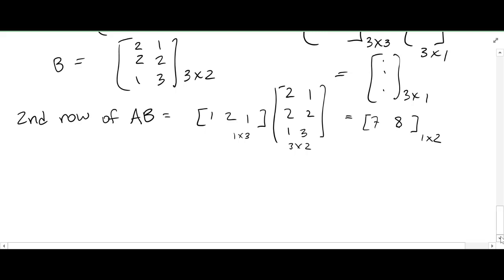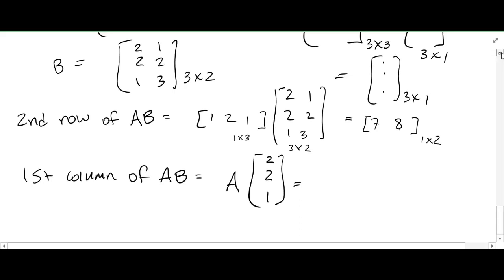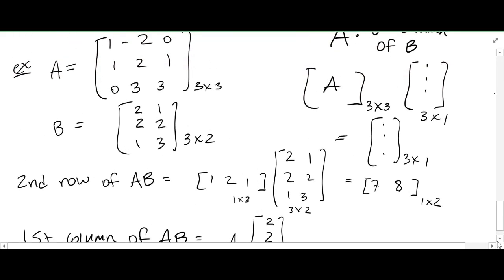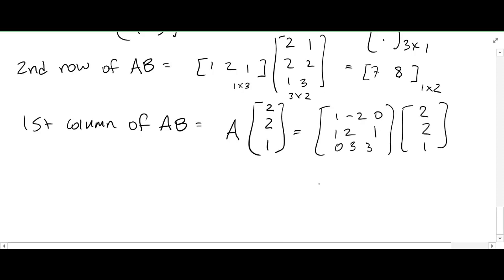And then maybe the first column of AB would be A times the first column of B, which is 2, 2, 1. So that would be the product 1, negative 2, 0 times 1, 2, 1 times 0, 3, 3 times 2, 2, 1.